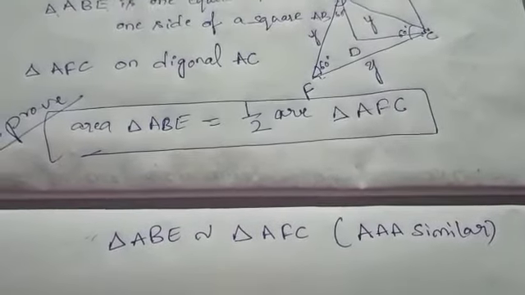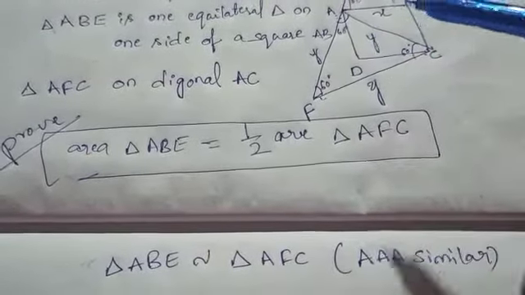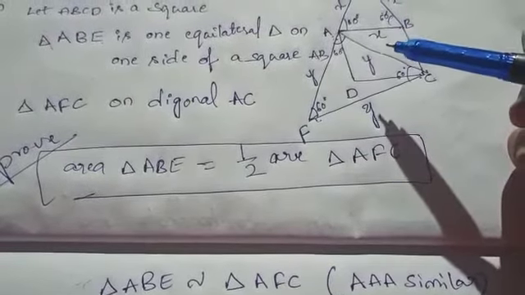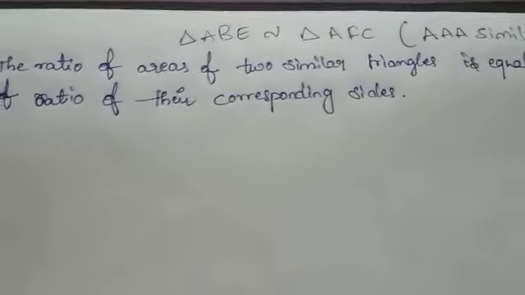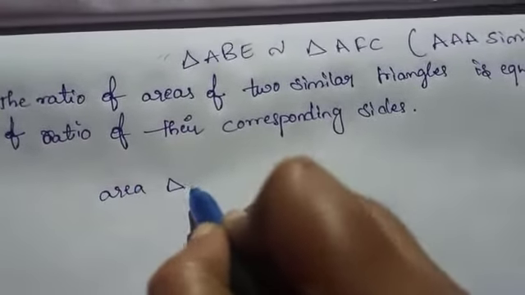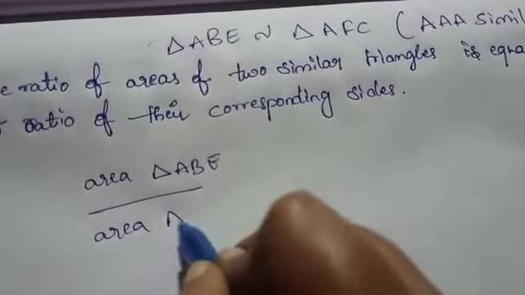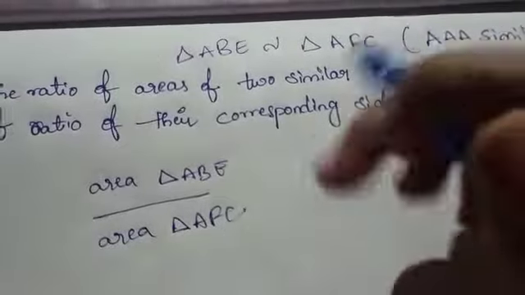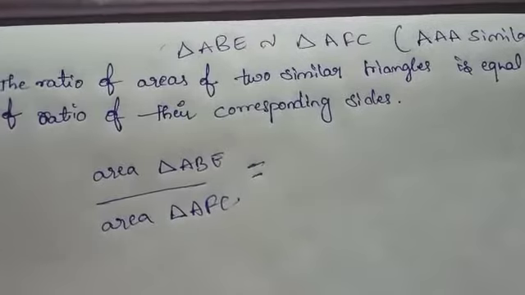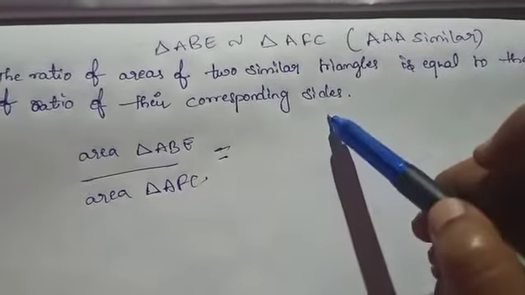We know if two triangles are similar, the ratio of areas of two similar triangles is equal to the square of the ratio of their corresponding sides. So area of triangle ABE by area of triangle AFC, these two triangles are similar, so the ratio of areas is equal to the square of the ratio of their corresponding sides.